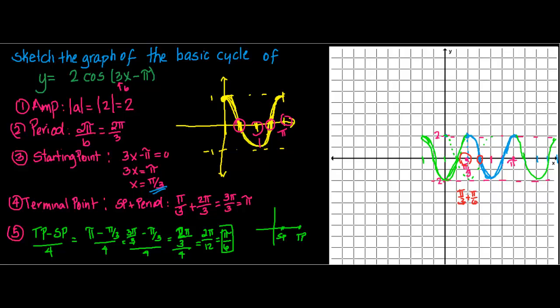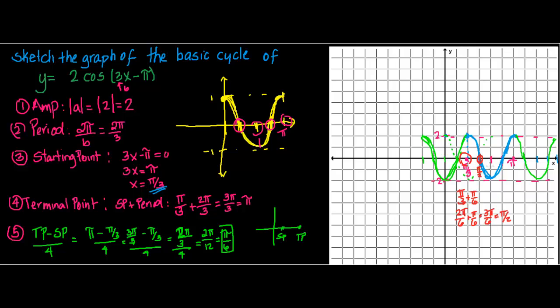Before you do that, you need to find a common denominator and then add. So this would be 2 pi over 6 plus pi over 6, which is 3 pi over 6, which is pi halves. So that tells me that this x coordinate here is pi over 2.